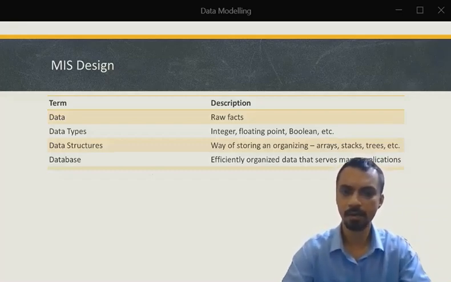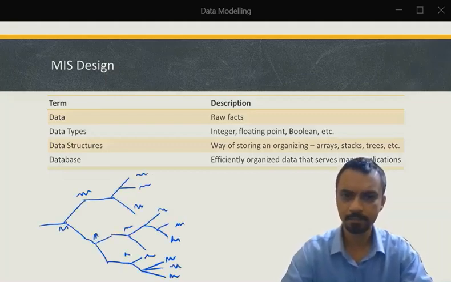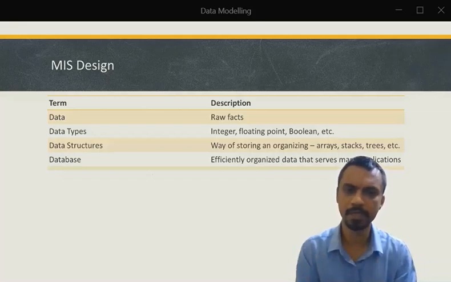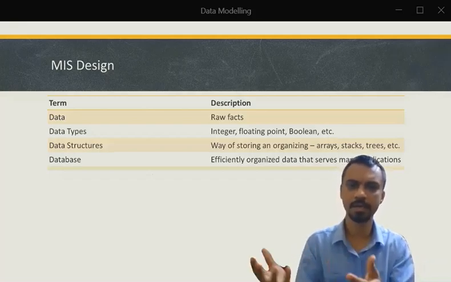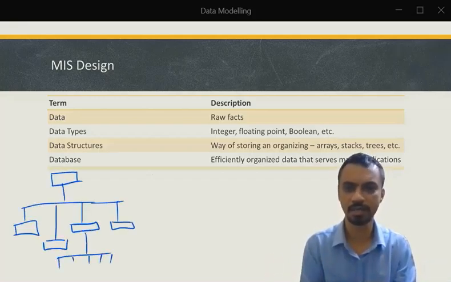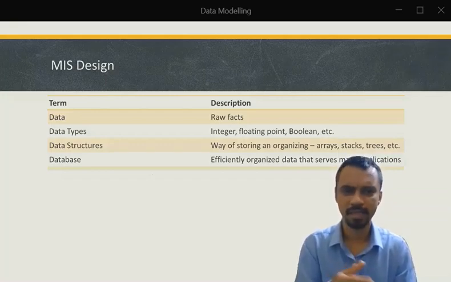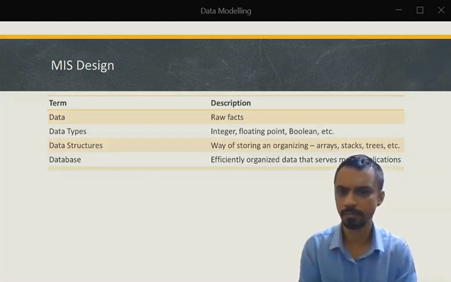Tree would look something like this, and the tree can represent relationships that are like a tree, for example an organization chart or a road network. So that is a tree type of data structure. And then there are lists and linked lists and so on. So there are different types of structures in which we can store data.